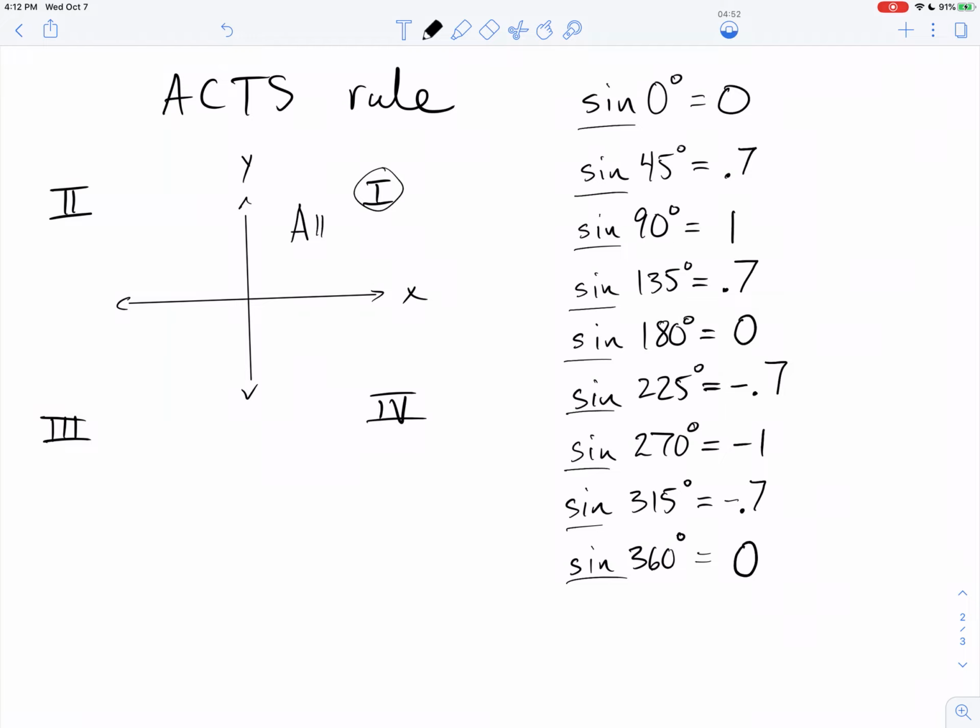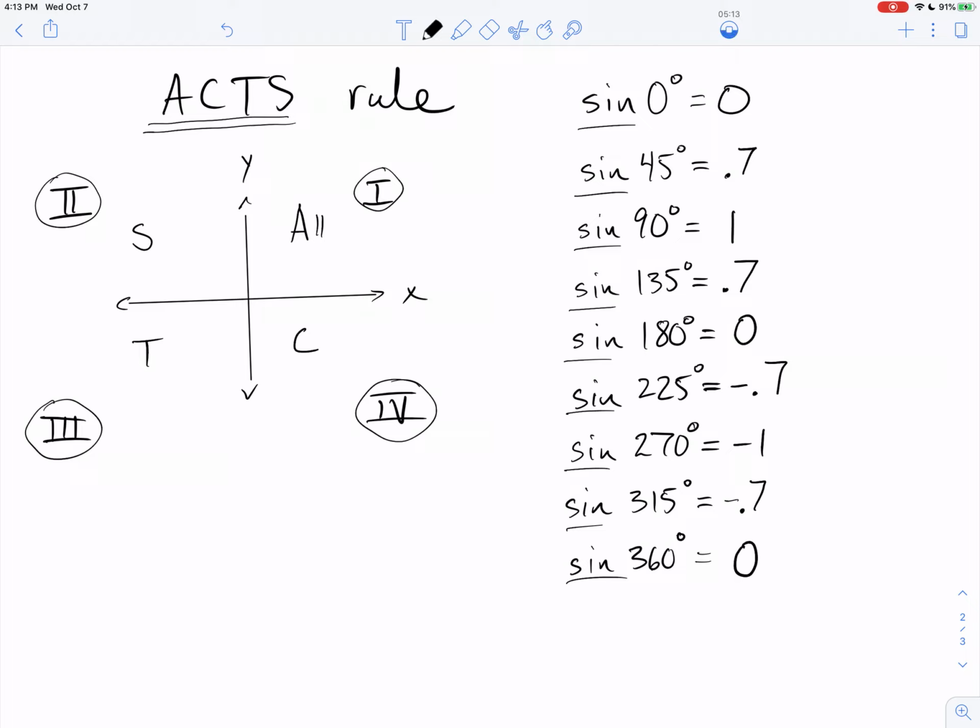Then we go counterclockwise. We call that quadrant 2. Counterclockwise, that's 3. Counterclockwise, that's 4. But when it comes to the ASTC rule, we go this way. So it spells out ASTC. Now this is the way it's written in our book.